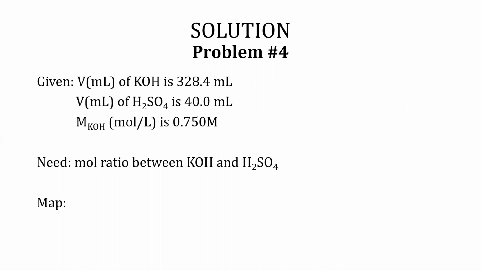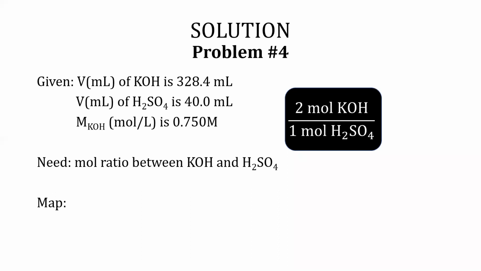The given information is that the volume of KOH is 328.4 mL and its molarity is 0.750 molar. The volume of H2SO4 is 40 mL. One needs the mole ratio between KOH and H2SO4, which is 2 moles of KOH per 1 mole of H2SO4.